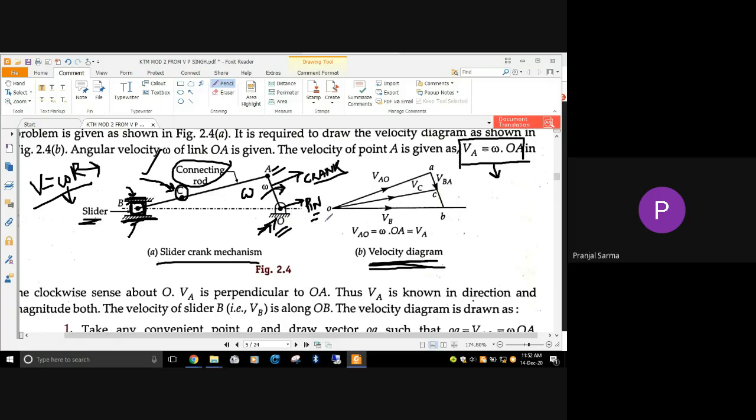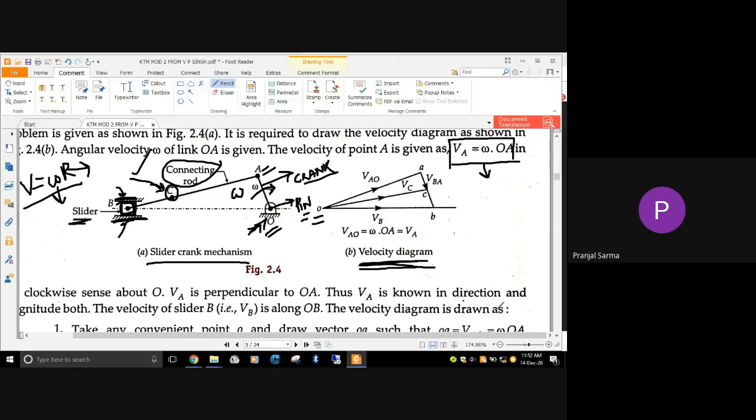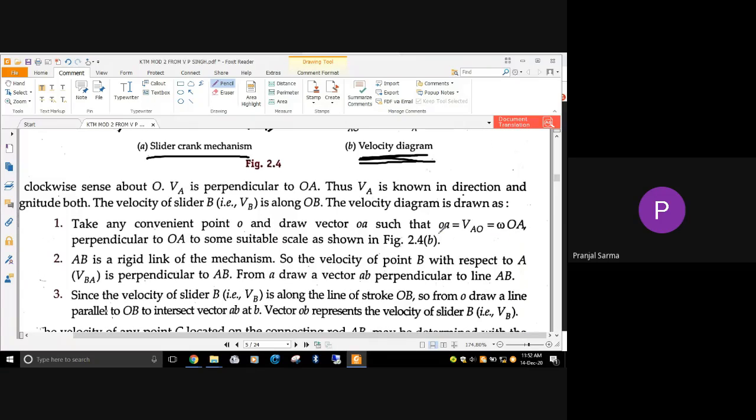This is the O point, and you have to draw the vector oa, using small letters only, such that oa is equal to the numerical value of VAO, which is nothing but omega into OA.